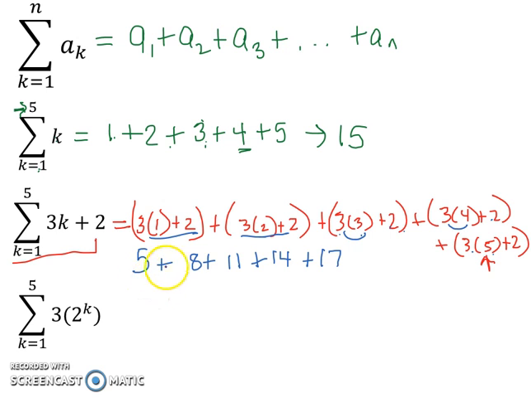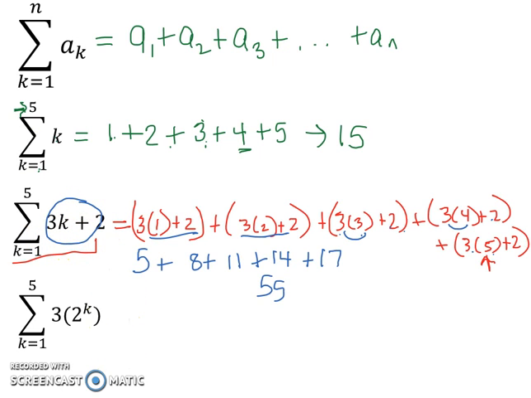So we still have a little bit more to do. We still have to add these guys together. So this is 5 and 8 is 13, and 11. So 13 and 11 is 24 plus 14 plus 17 gives us a total of 55. So you should have 55 here for the series given by this formula.